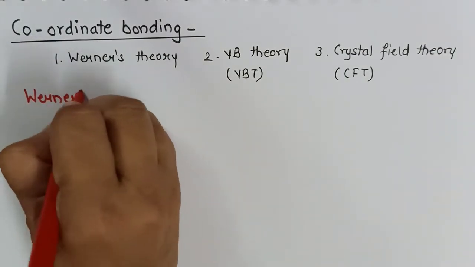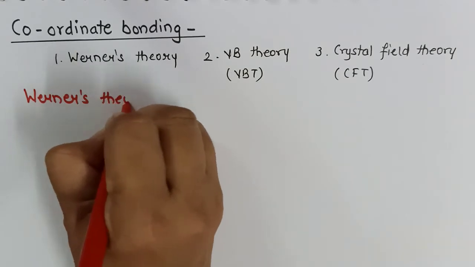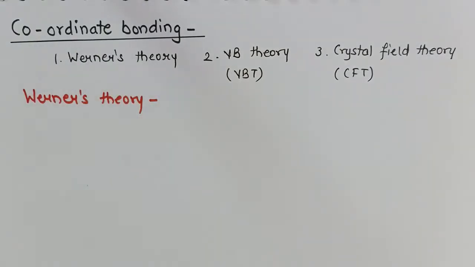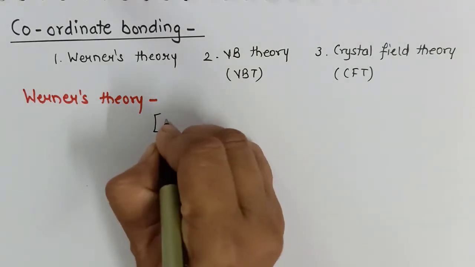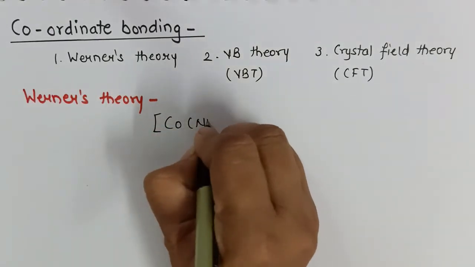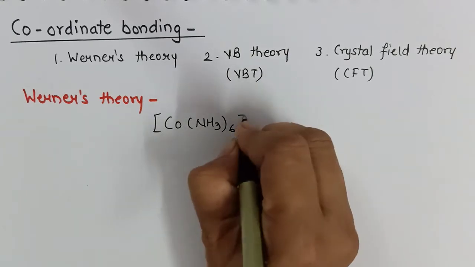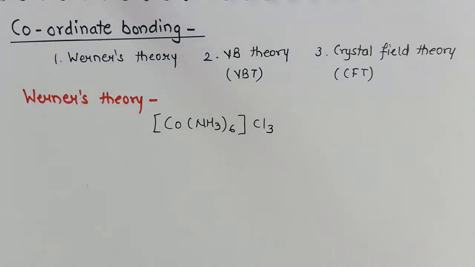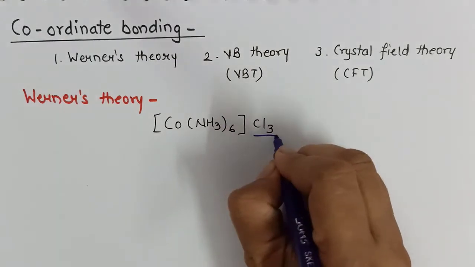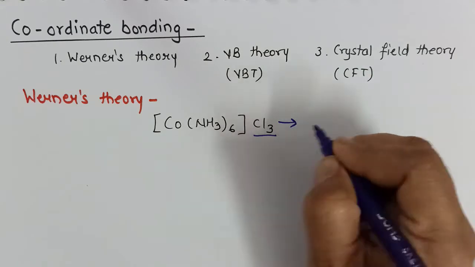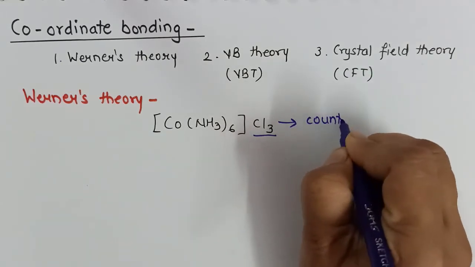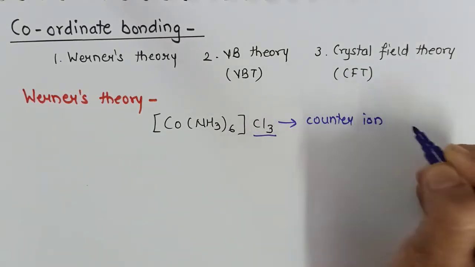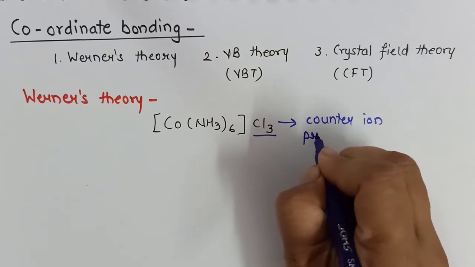How does Werner's theory explain the coordinate bonding? Let us consider one example. A complex of cobalt in which ammonia is the ligand and chloride is the counter ion. Now Werner says this outside part, which is the counter ion, can be called the primary valency.